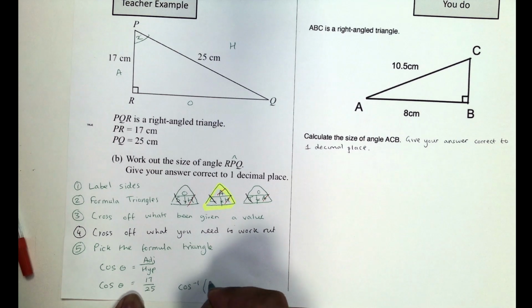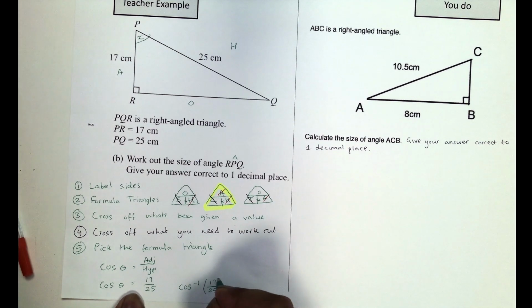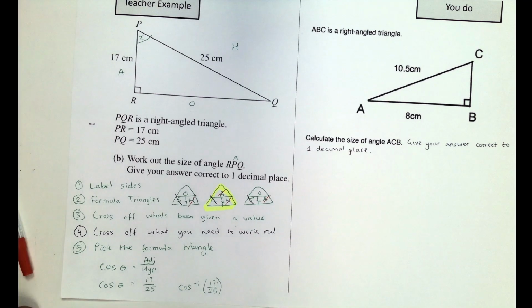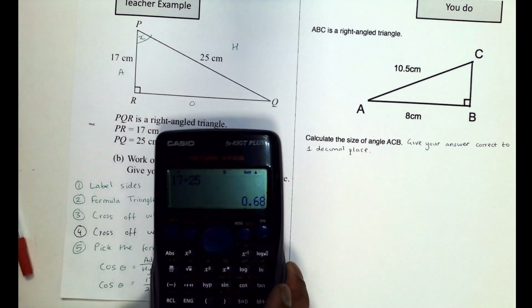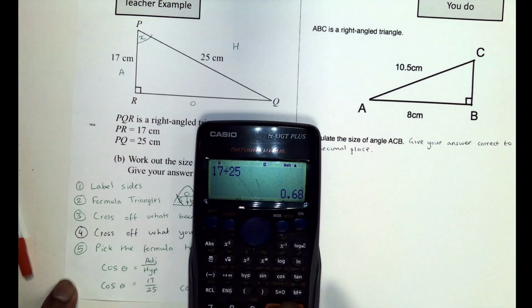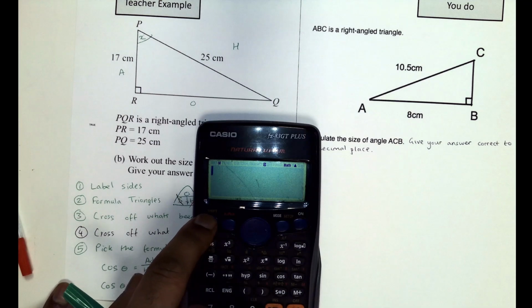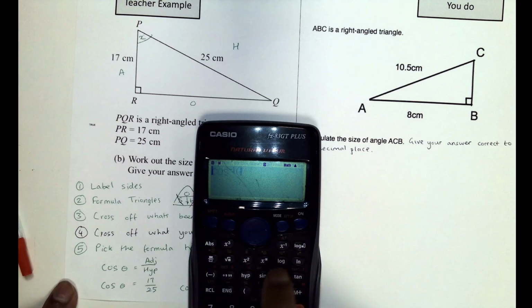So what I need to write in the calculator is cos minus 1, 17 divided by 25. To get cos minus 1, you need to press the shift button first at the top left there. So shift, cos, as you can see, it's there.